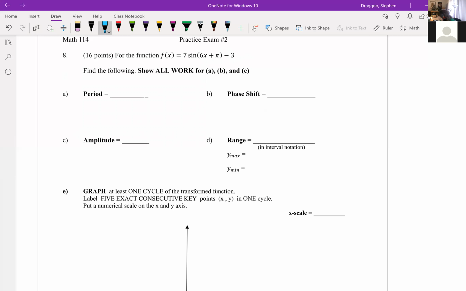Well, the amplitude is the easy one. It's just 7. We take the absolute value if we needed to, but we don't. So it's just going to be 7. That period should be 2 pi divided by b, which is 2 pi over 6. So pi over 3.